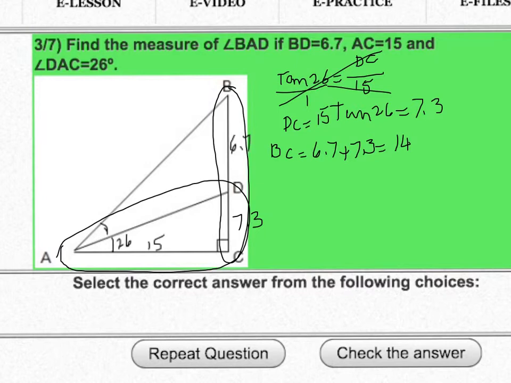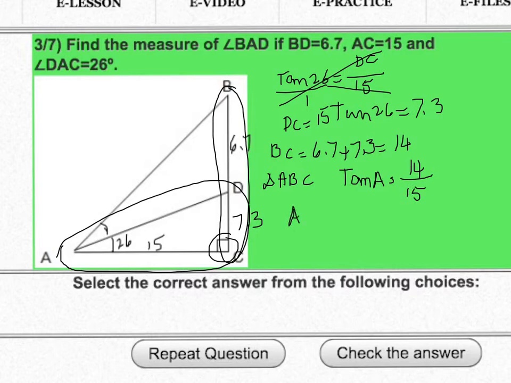So I'm going to go to triangle ABC. I know that the angle C is 90 degrees, so I can use trig ratios. So I'm going to write tan A is equal to the opposite, which is BC, which is 14, divided by the adjacent, which is AC, which is 15.